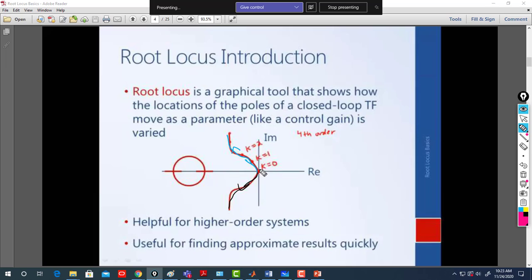Here I have two poles at the origin, and when I keep increasing K, they move. One, the black, moves down and the blue moves up. Here I have two poles, one pink and one yellow, and when I keep increasing my K from 0, this will follow this trend.